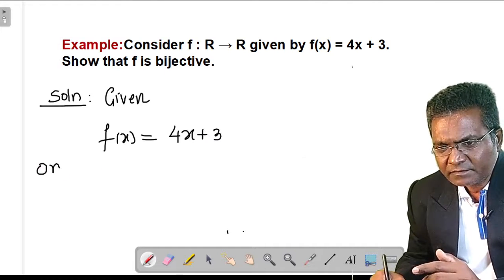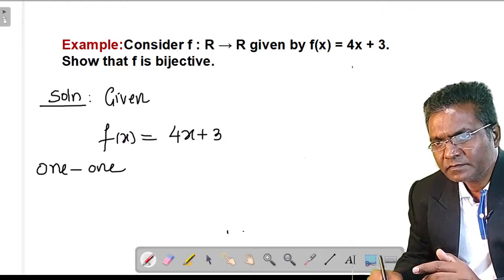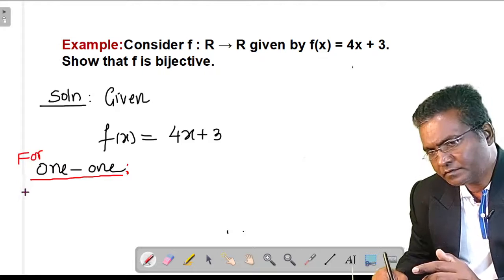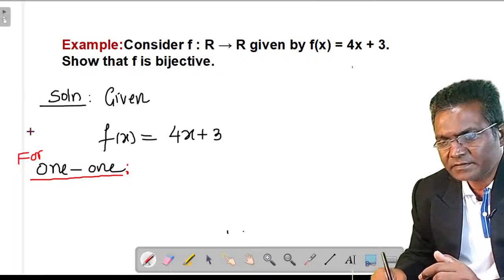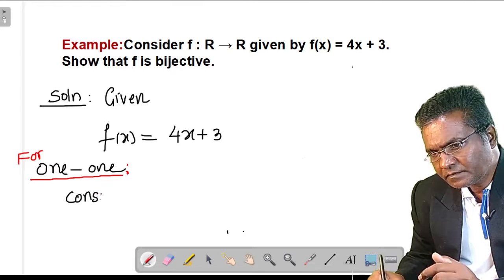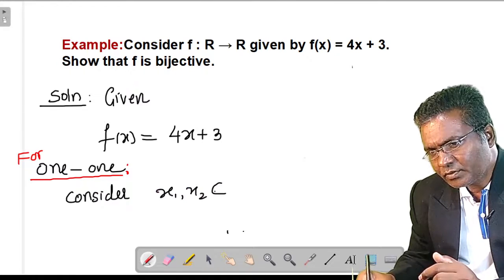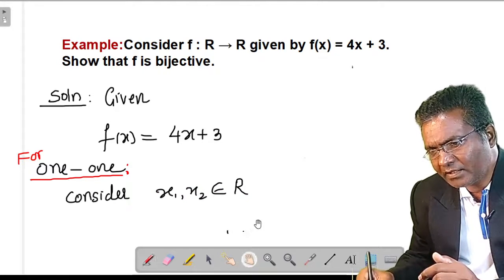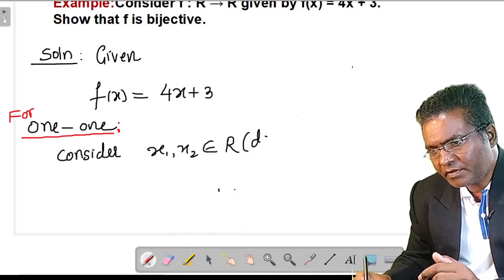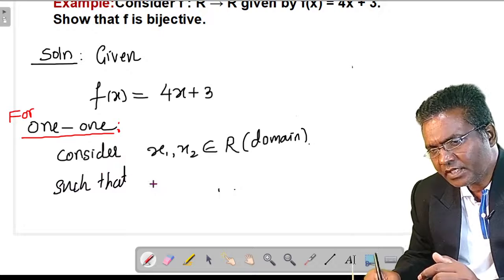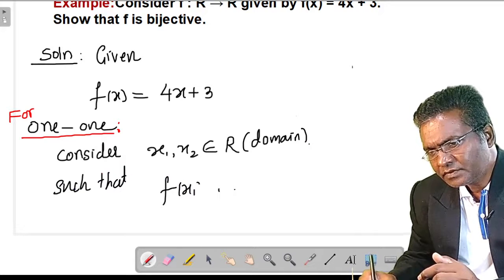For one-one, you need to consider two elements x1, x2 belonging to the domain R. You have to consider two elements from the domain such that f of x1 equals f of x2.